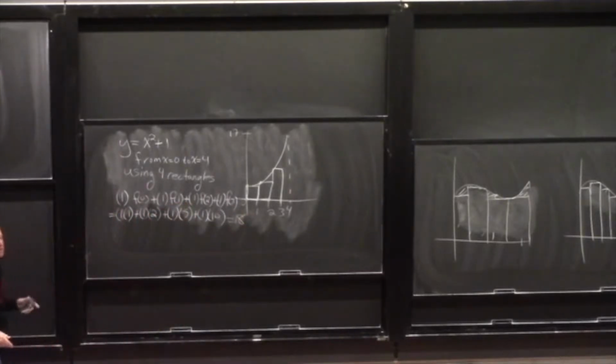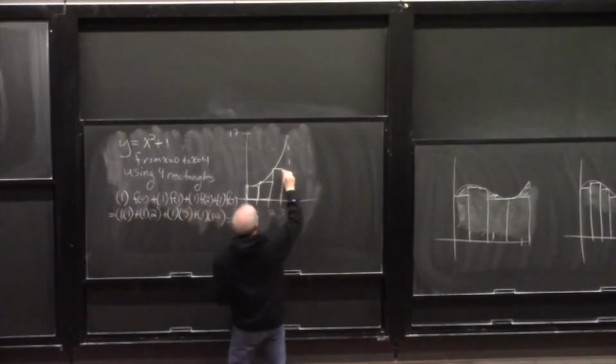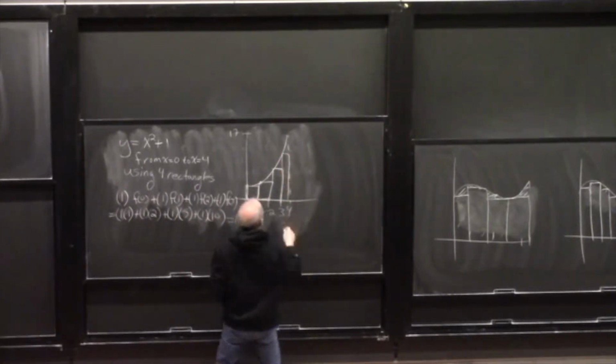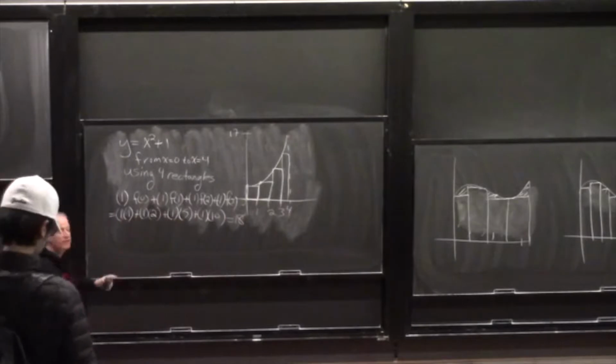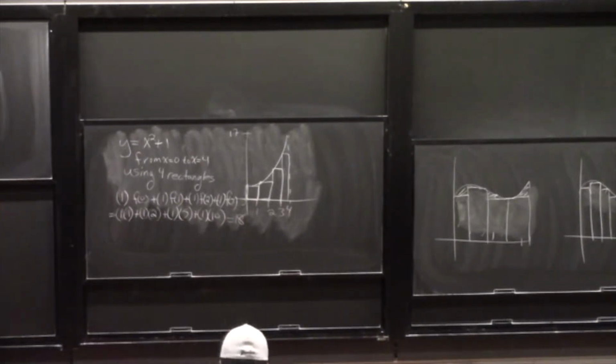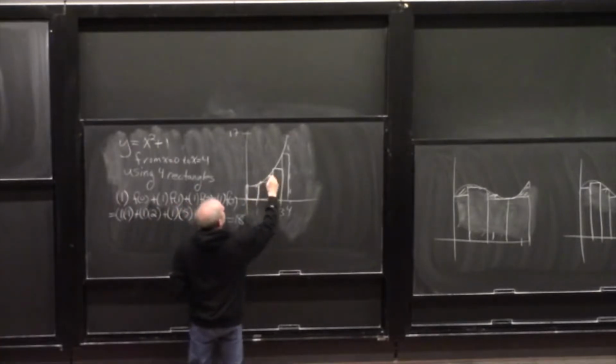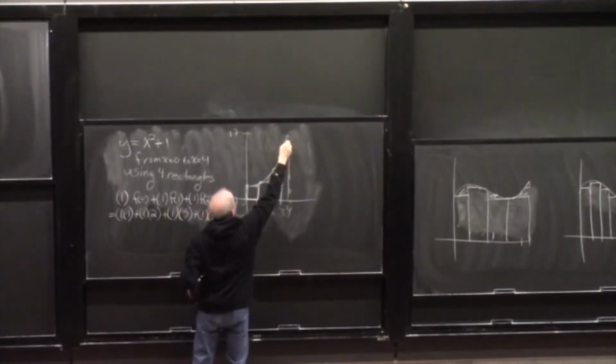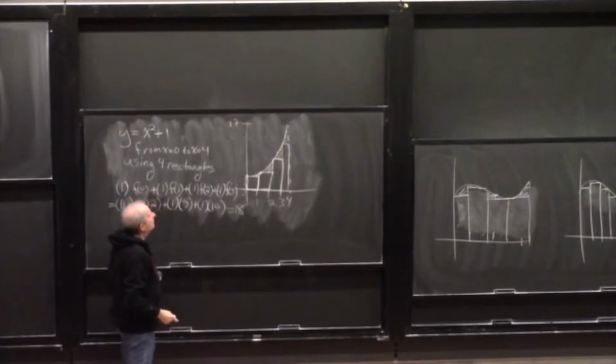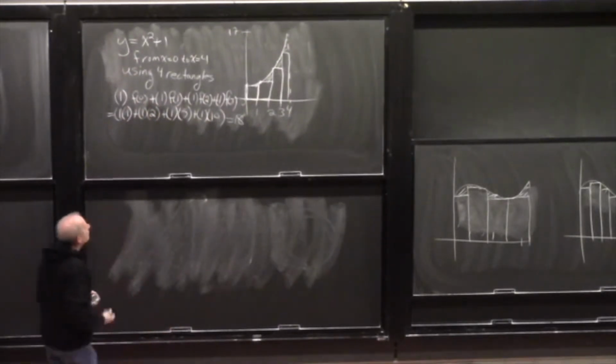So if I draw those 4 rectangles, I can say the area is approximately 18. Actually, it's bigger than 18, because I have leftover space. I didn't account for this area under here. You go, okay, so it's about 18.